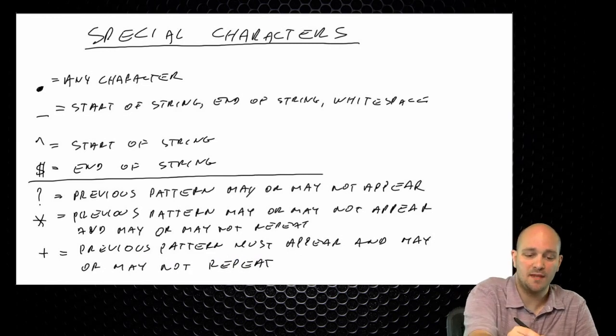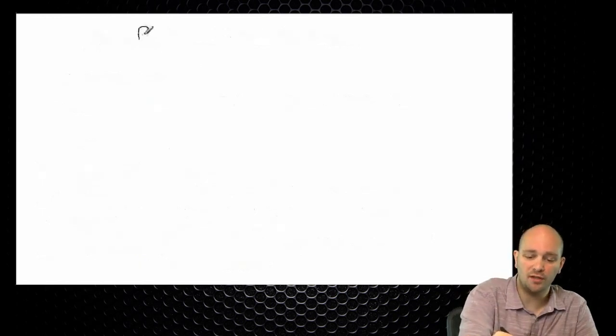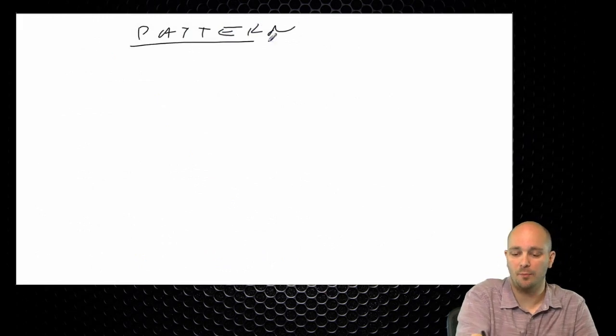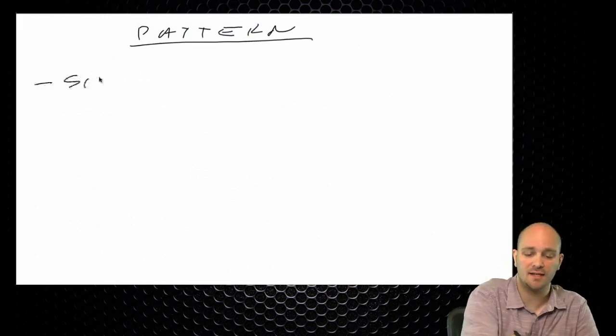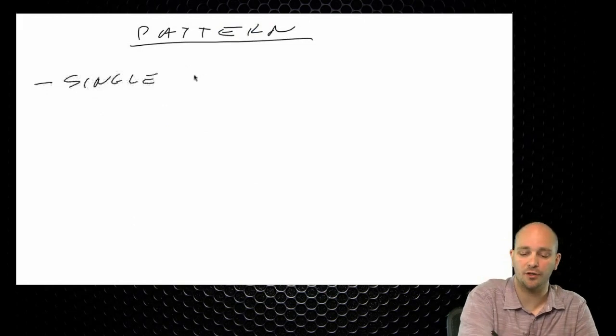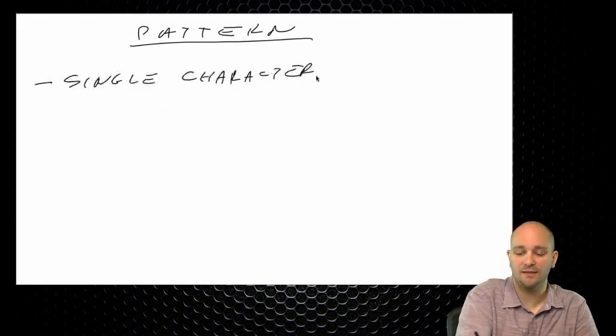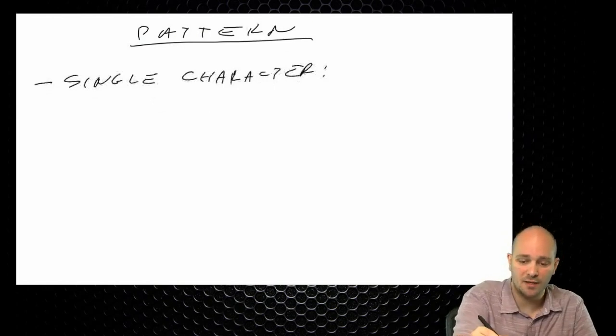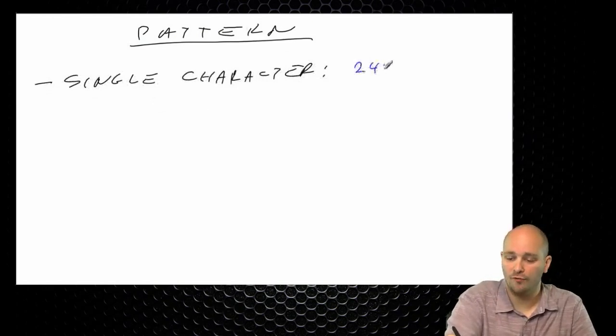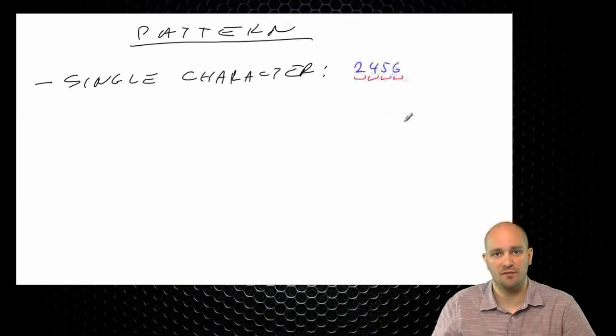Now, this brings me to the subject of what is a pattern. The pattern by default is a single character, which means that, for example, 2, 4, 5, 6 is a string containing 4 patterns that are matched individually.